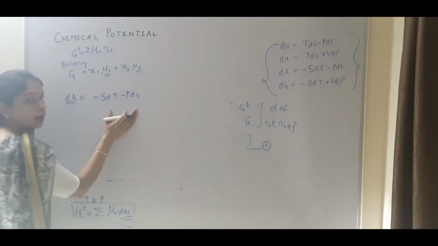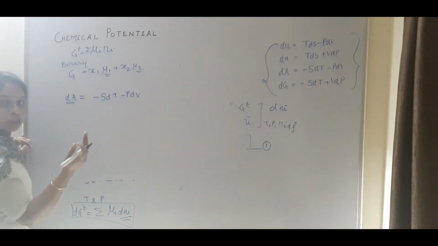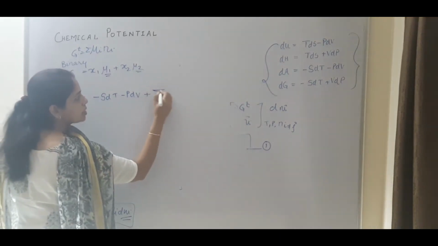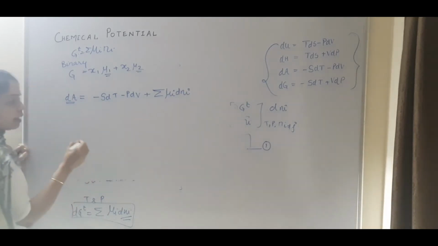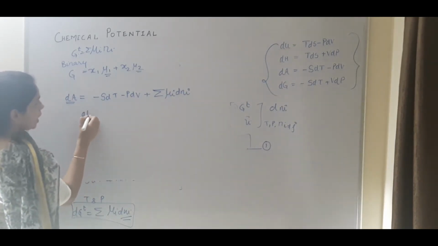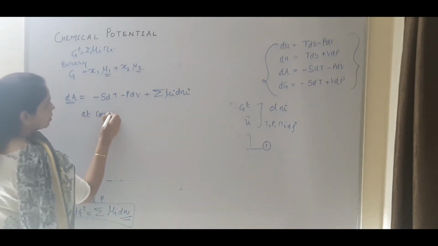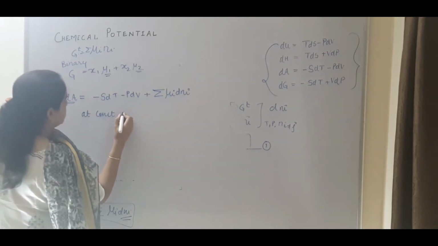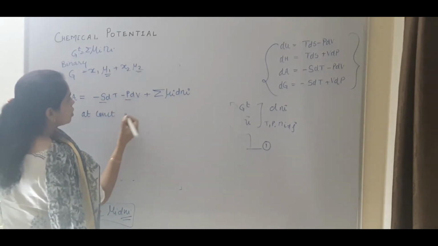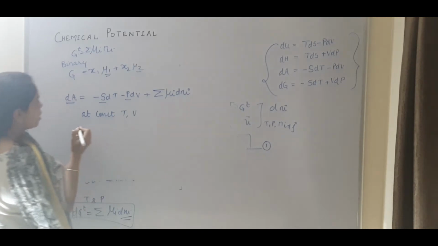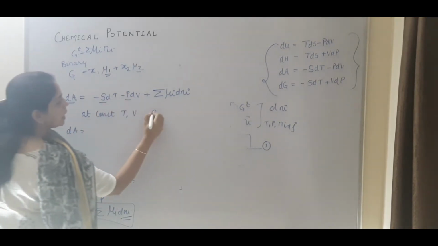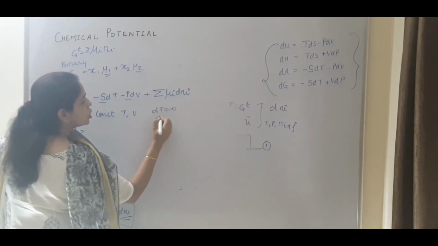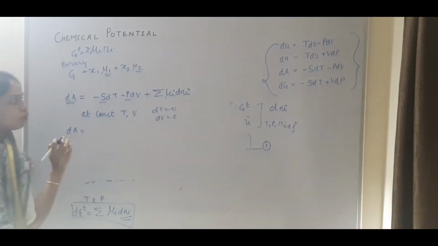Now here the number of moles are also changing, so you need to add this term also, mu i dn i. At constant temperature and volume, dT is equal to 0 and the change in volume is 0.